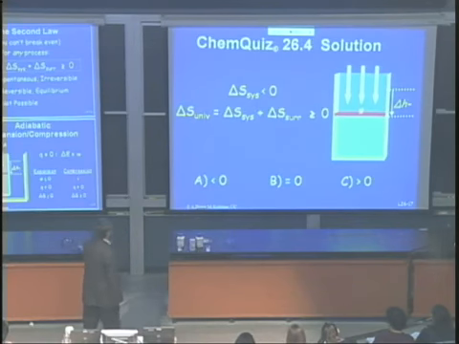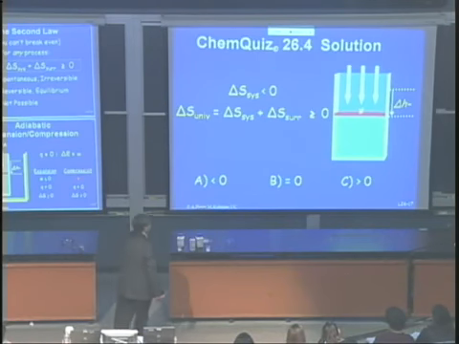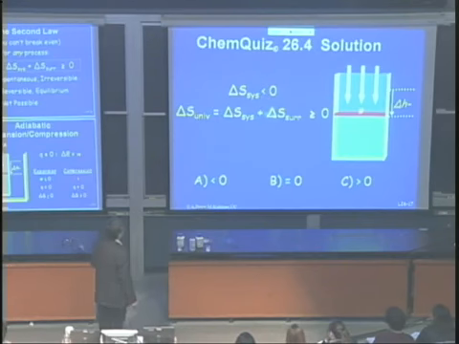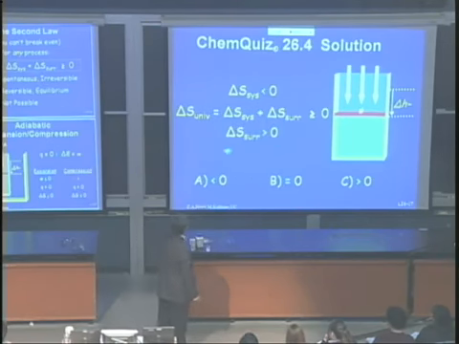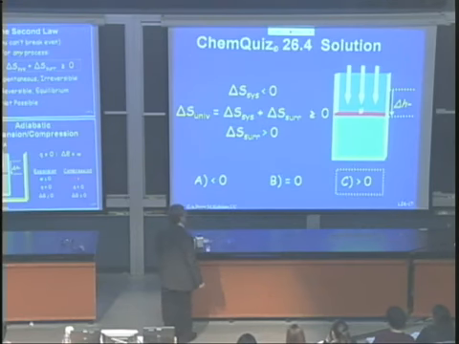The delta S of the universe is delta S of the system plus delta S of the surrounding, and it has to be larger than 0. Even without thinking of the heat, I have to say that delta S of the surrounding has to be larger than 0 because I have to have that number larger than 0. That's another possibility. Look at it. But the delta S of the surrounding, because heat is flowing into the surrounding, is larger than 0.